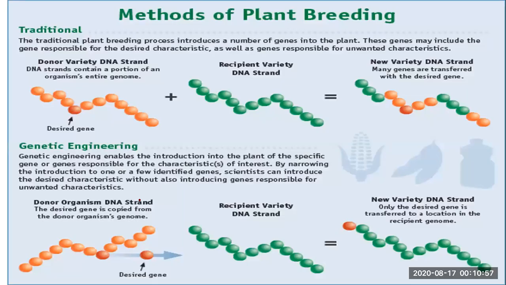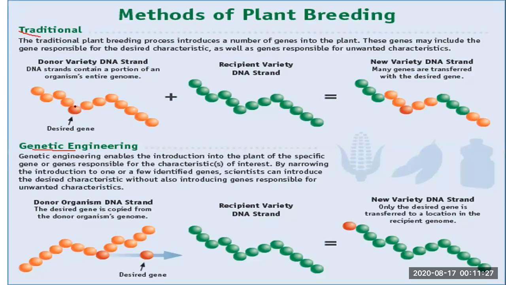Then our third topic is the methods of plant breeding. You can also say the difference between hybrid and genetically engineered foods. The first one is what happens in hybrid food, and the second one is for genetic or GMO foods. You can see that different kinds of donor varieties are present there.